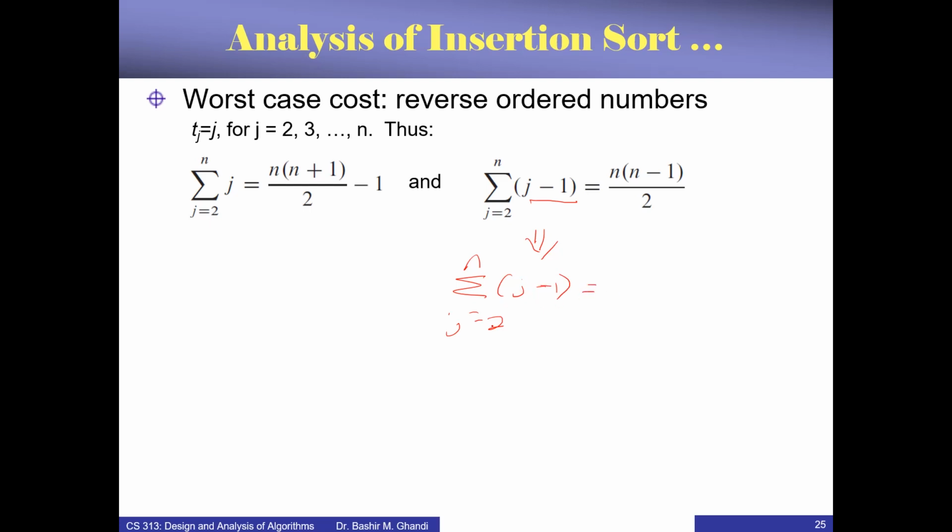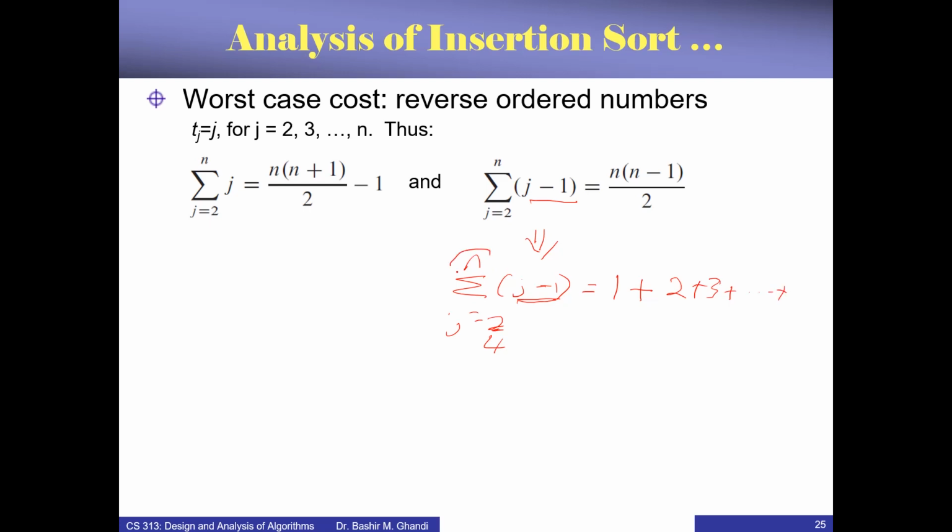Let's do it. When j is 2, what is j minus 1? It's going to be 1. Plus, when j is 3, what is j minus 1? It's going to be 2. When j is 4, j minus 1 is going to be 3. So basically you have 1 plus 2 plus 3 and so on.